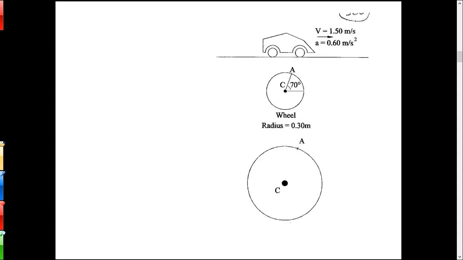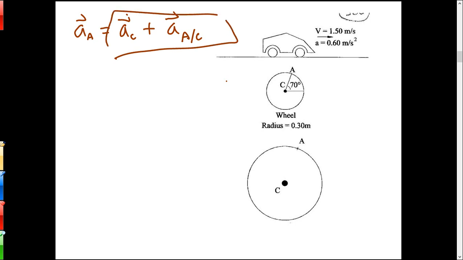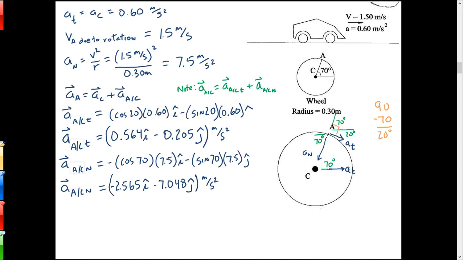So that's the sketch. We're going to use relative acceleration: A sub A is equal to A sub C plus A sub A with respect to C. We'll find these different pieces one at a time and put them together.